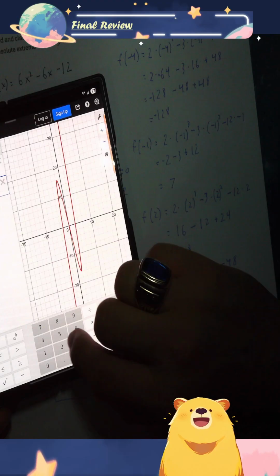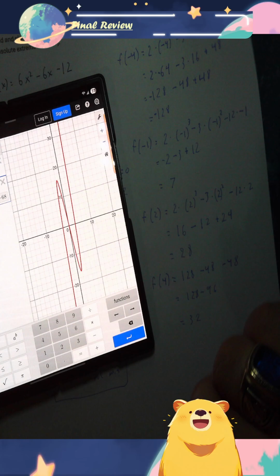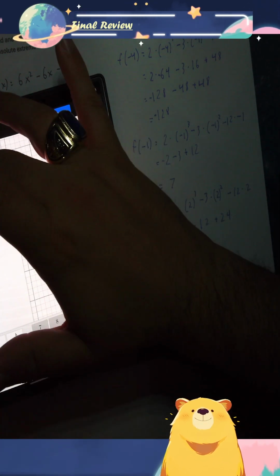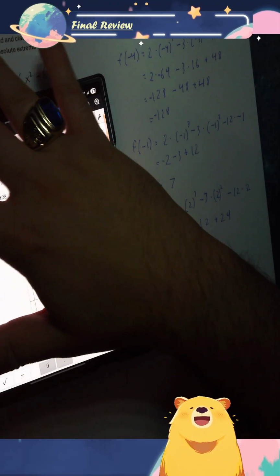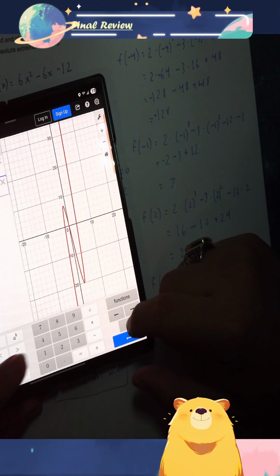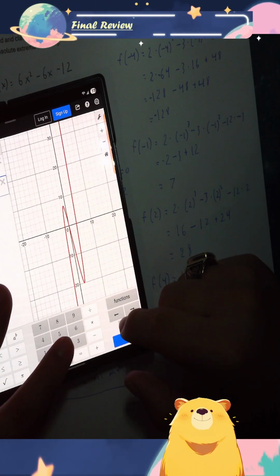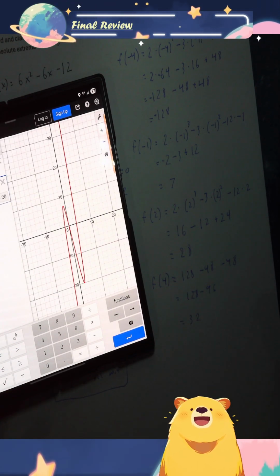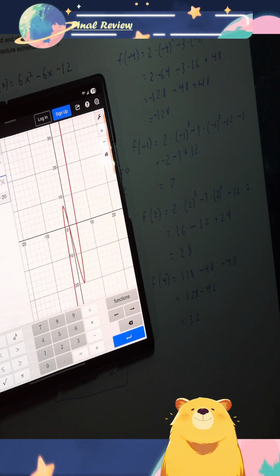Let's start with -4, -68. Okay, oh wait, squared. Okay, and then -1, 7. We have a 2, -20. Okay, how did I mess that up? That's interesting. Let's see.